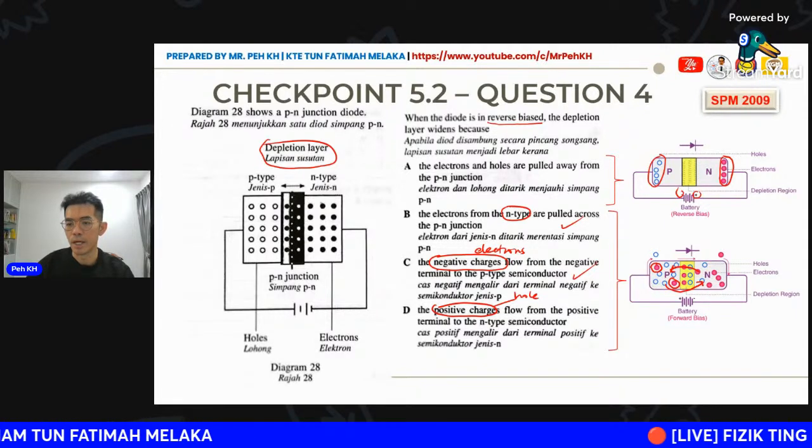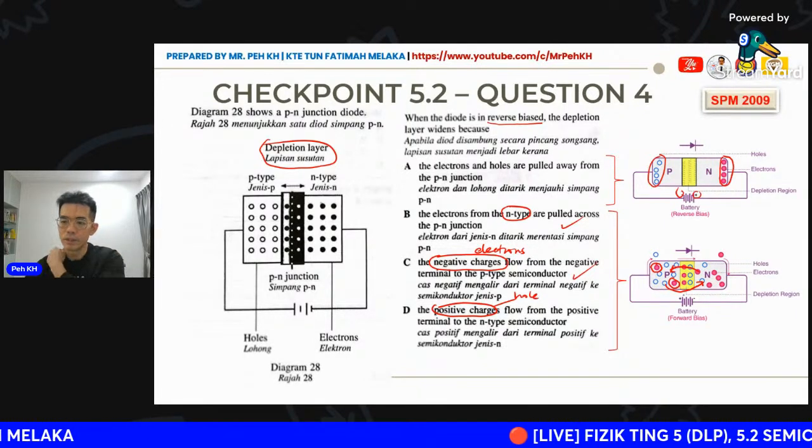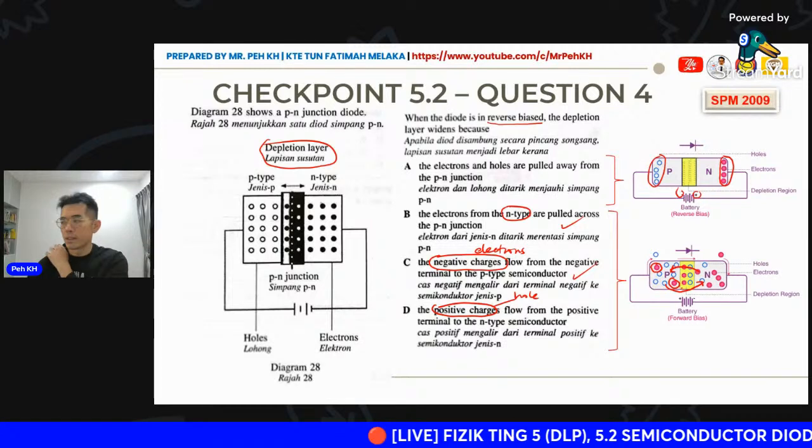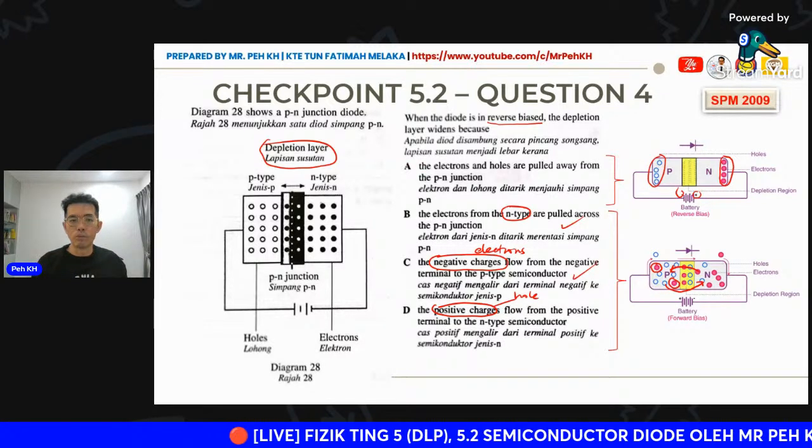You can see there is a white dot at the N-type semiconductor. So the answer is very clear, it will be A.